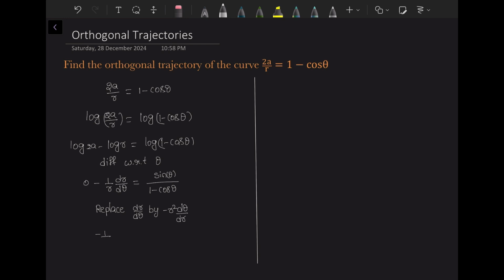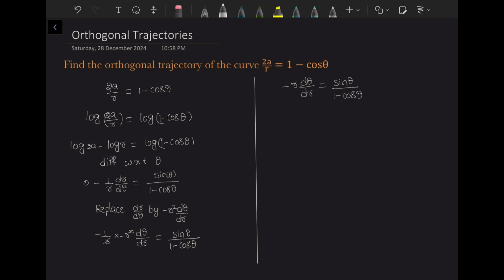So if I do that, (1/r)(-r² dθ/dr) = sin θ divided by 1 - cos θ. So r gets cancelled. It will remain with -r dθ/dr = sin θ divided by 1 - cos θ.